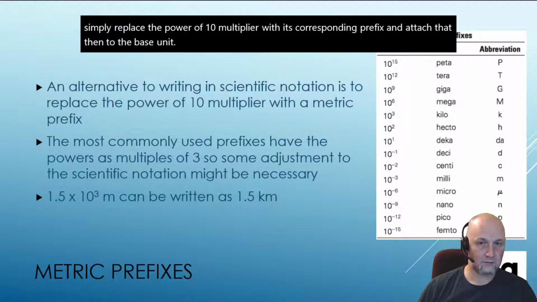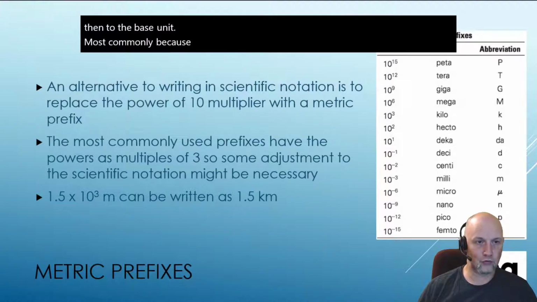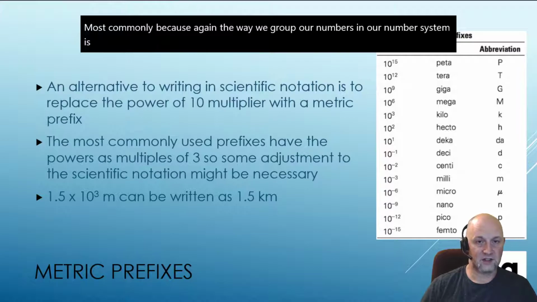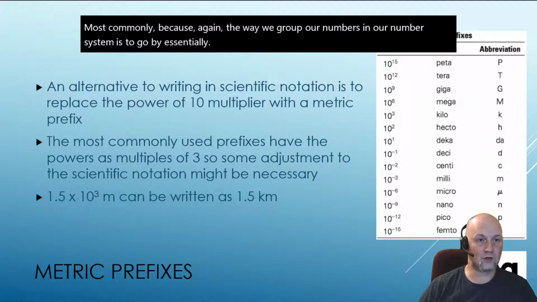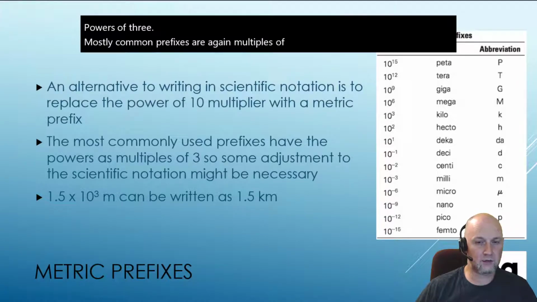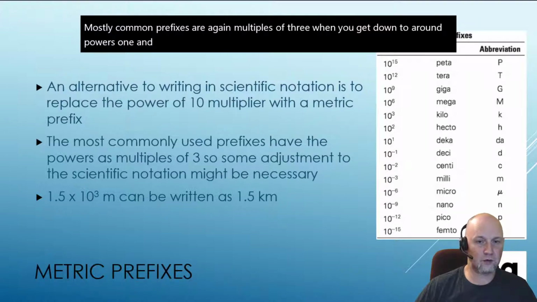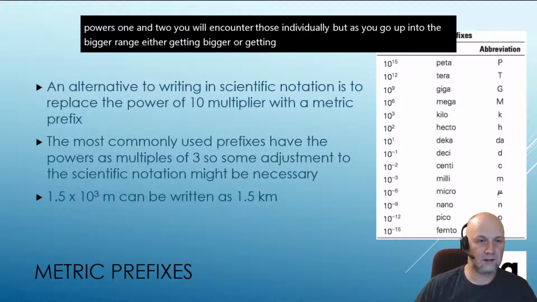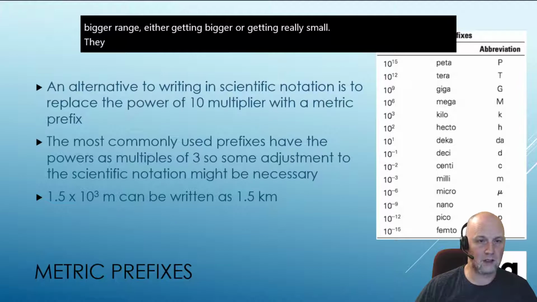Most commonly, because the way we group our numbers in our number system is to go by essentially powers of 3, most of the common prefixes are multiples of 3. When you get down to around powers 1 and 2, you will encounter those individually, but as you go up into the bigger range, either getting bigger or getting really small, they typically just go with the multiples of 3.